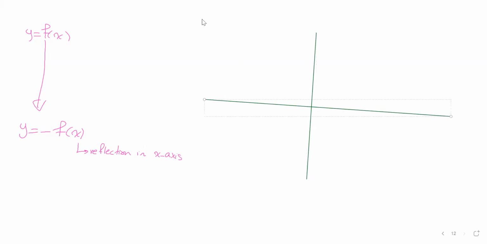Okay, so let's see it. Very easy to see this one. For example, let's say I have the graph of, it can be anything. So let's just put this one. So this is my parabola, whatever it is. I don't care. I just want to look at minus f of x.